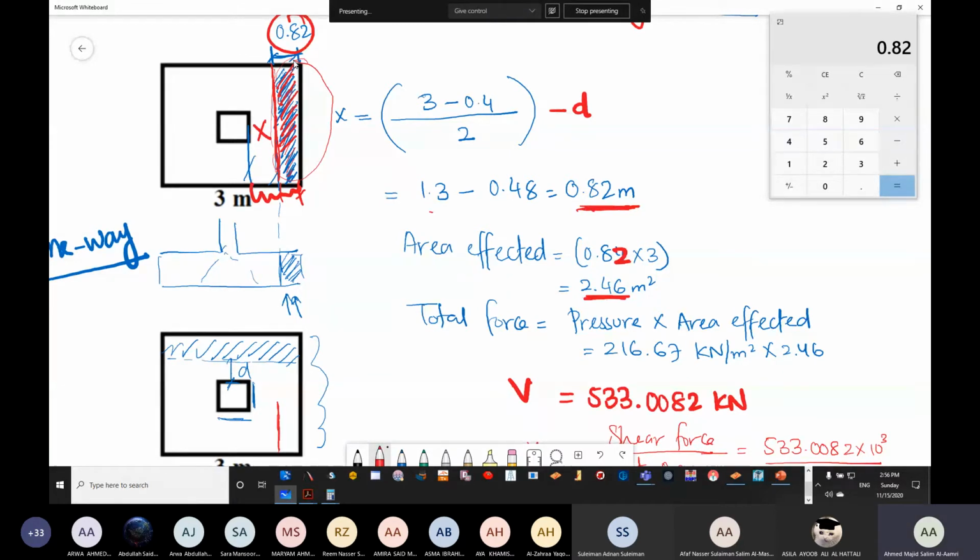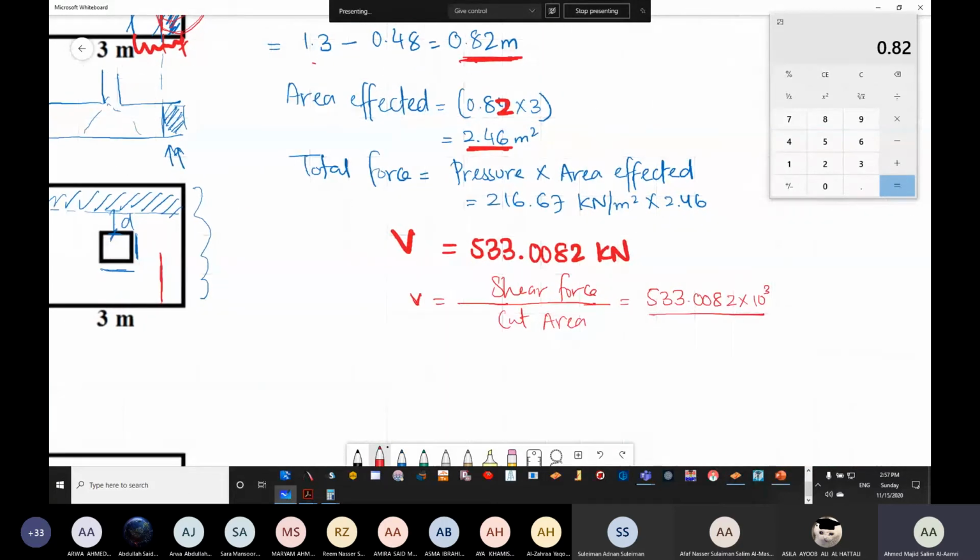Once again, it's a cake, and I want to remove this particular portion out. I need to cut the full 3 meter, right? Otherwise, it will not go out. So 3 meter. That's the first thing. So rather than saying BD, let's call it cut area, and you will understand in two-way shear why I didn't use BD.